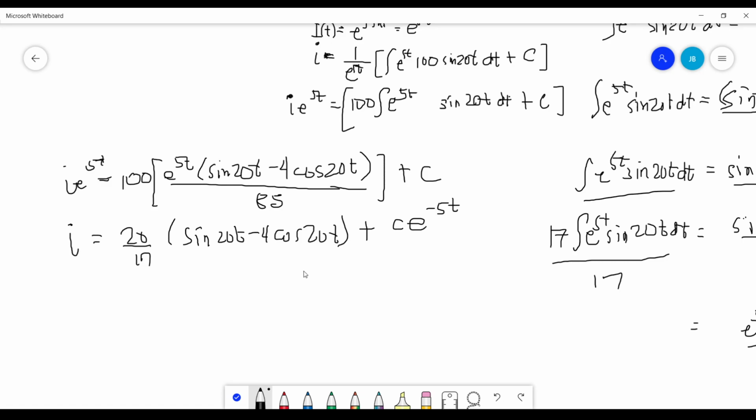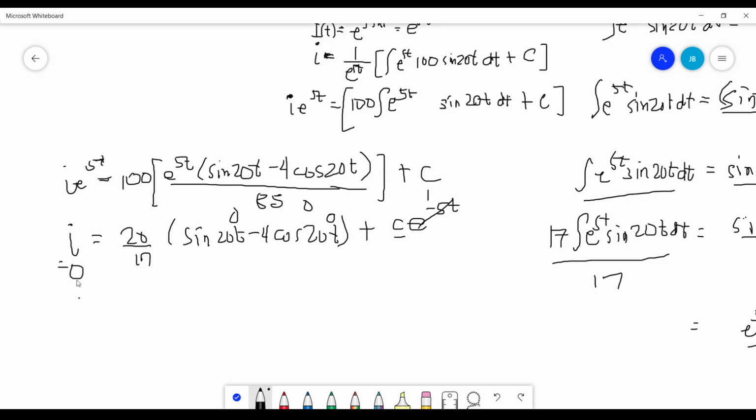So with this one, at time equal to 0, we can get the constant. Negative 5 raised to 0 is 1, so 1 remains. This one is 0 as well.